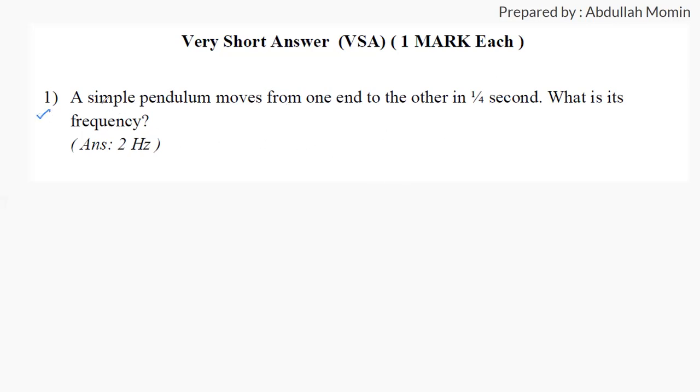The first question is: a simple pendulum moves from one end to the other in 1 by 4 second. What is its frequency? So what is given? There is one simple pendulum, and suppose that it is initially at point A and it moves to point B. The time taken by the simple pendulum to reach from point A to B is 1 by 4 seconds.